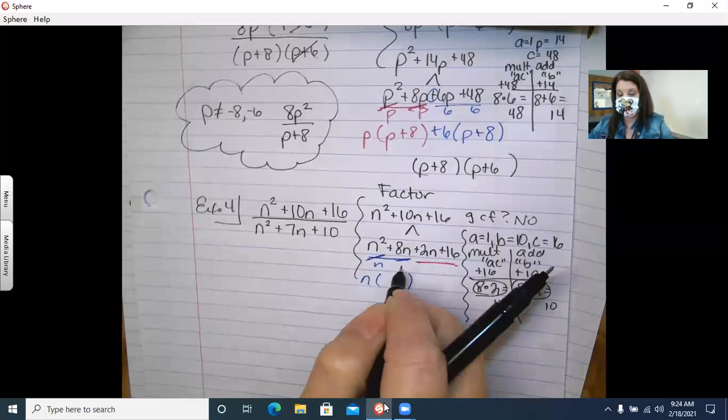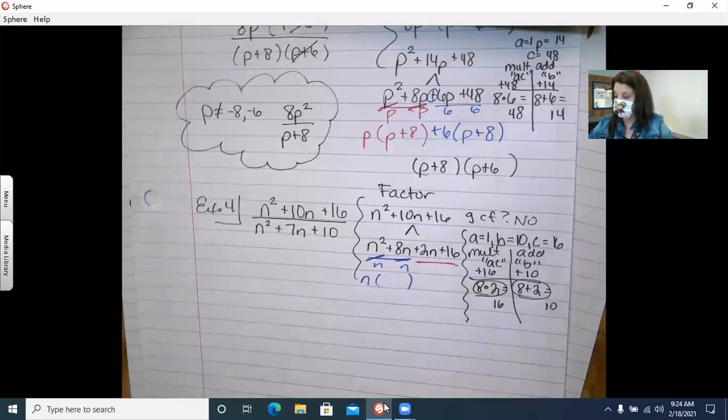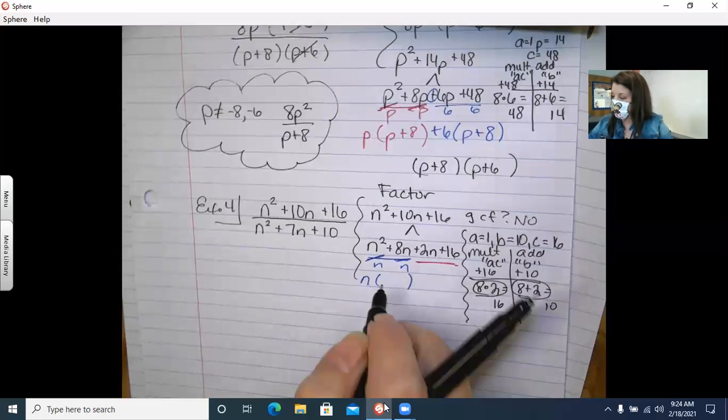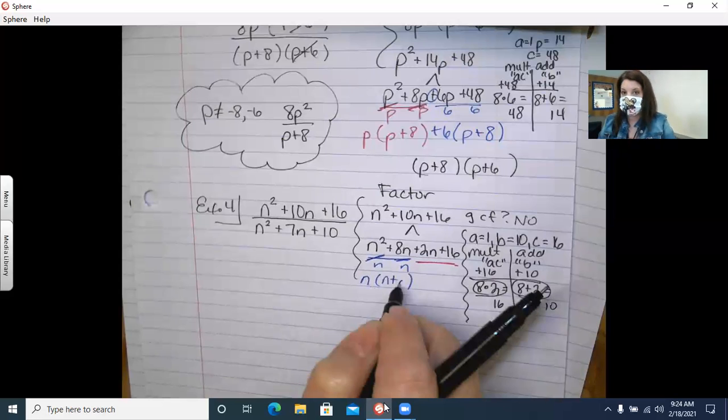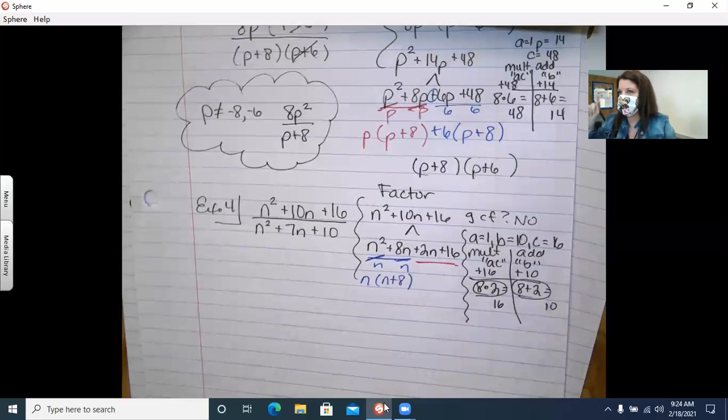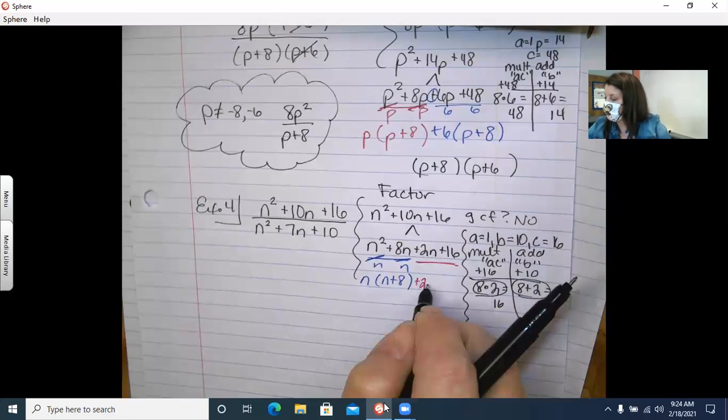So what am I putting in the parentheses after I take out an n? N plus 8. Boom. Now we're getting so good at this. What's the GCF of the second group, including the sign? Plus 2. Is anybody confused about where I'm getting my GCFs from? Not 2n, right? Just plus 2 is what you said. So I will divide both of those by 2. What do you get? N plus 8.